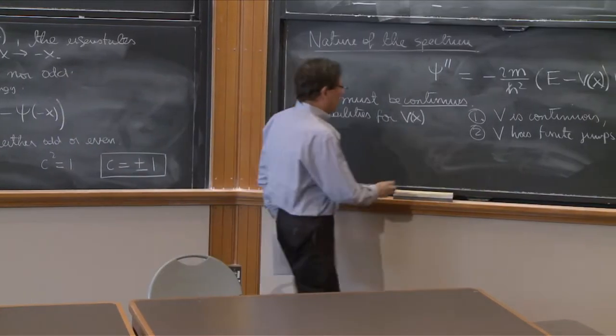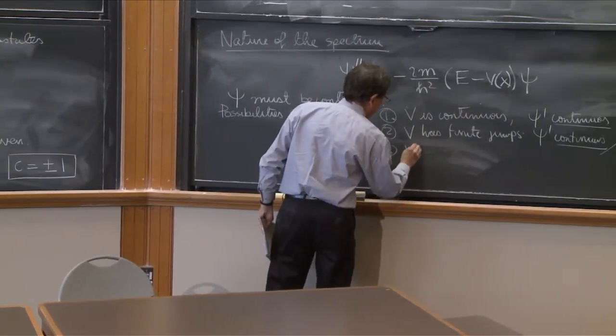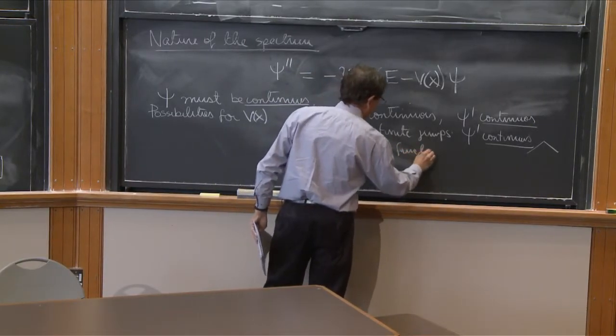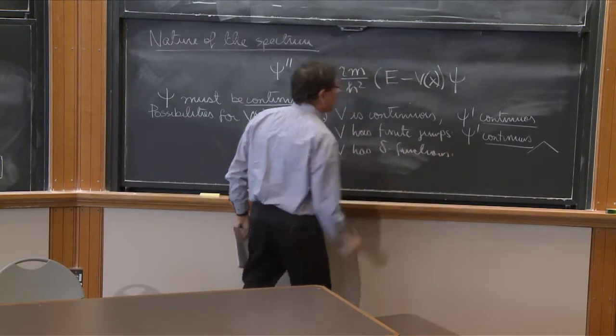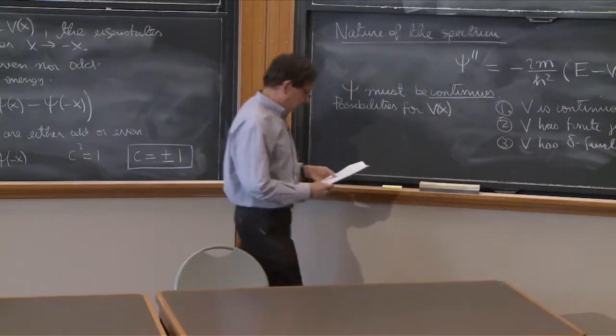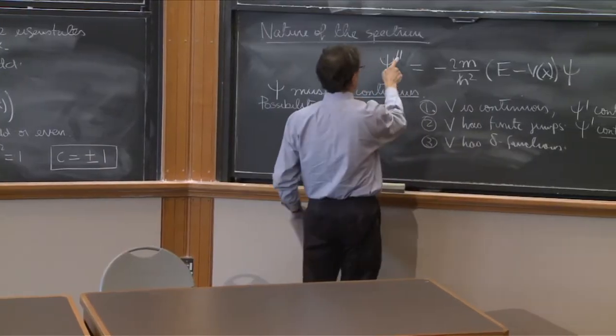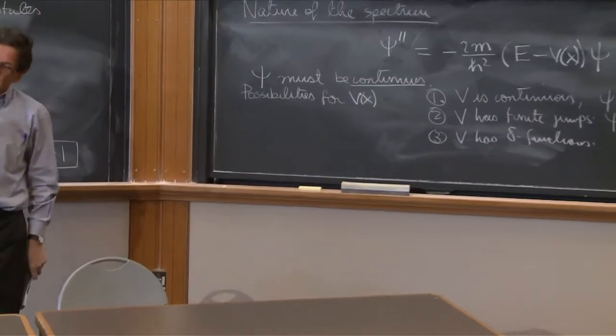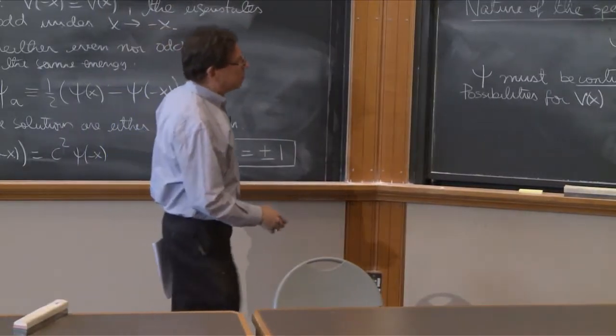Things change qualitatively if 3, V has delta functions. If V has a delta function, then psi double prime has a delta function, and psi prime, therefore, jumps.